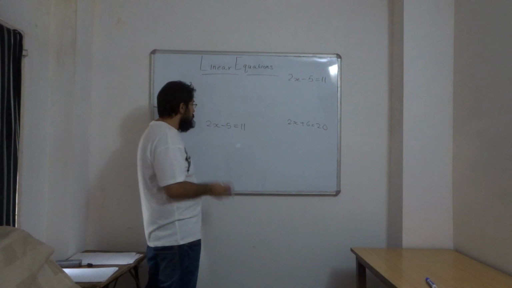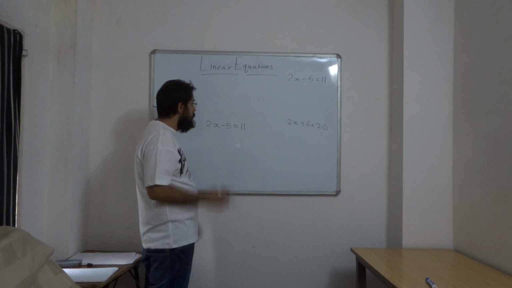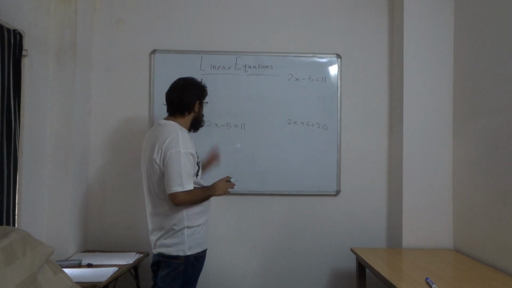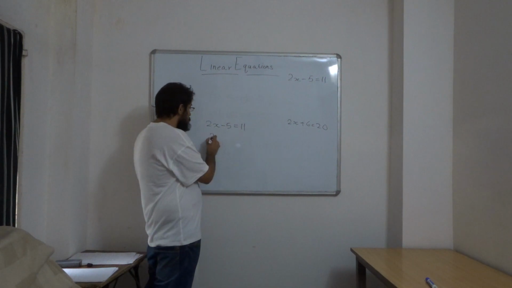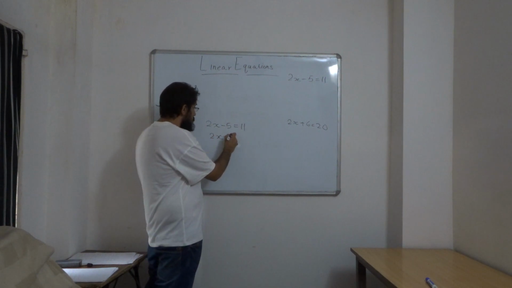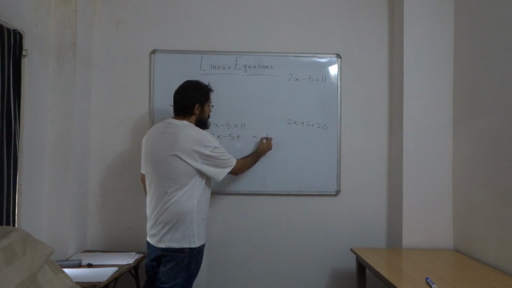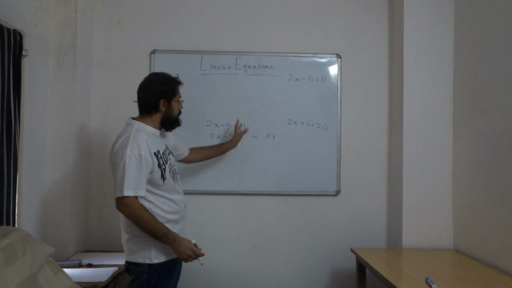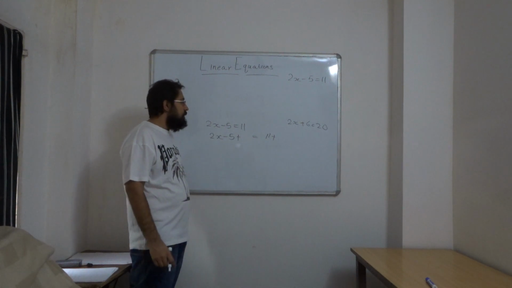So what do you do here? Like I already said, you have a negative on this side. So what sign do we carry on the opposite side? We carry the positive sign on the opposite side. So it's going to be 2x minus 5 plus equals 11 plus. What do we add on the other side, guys?